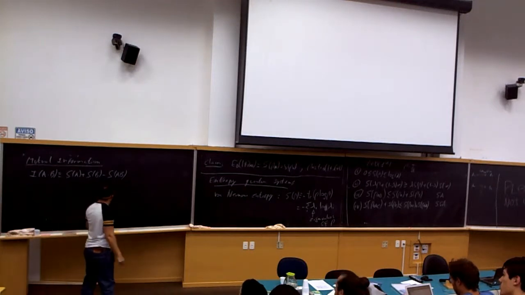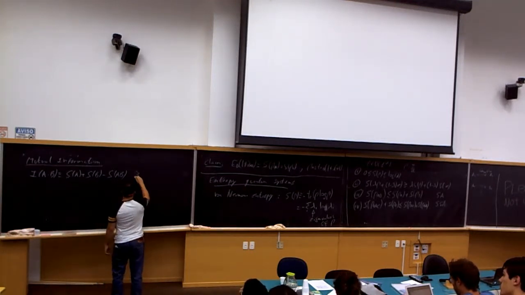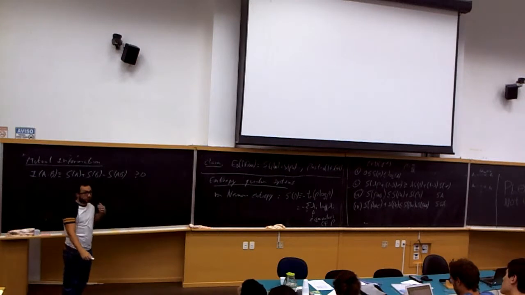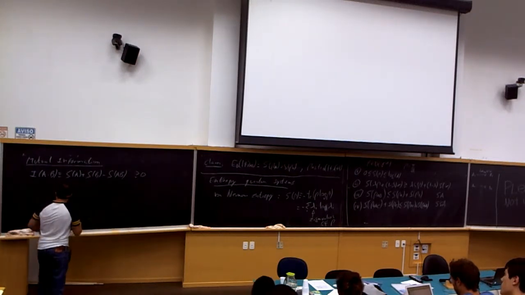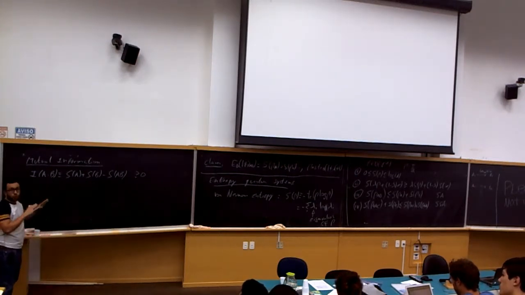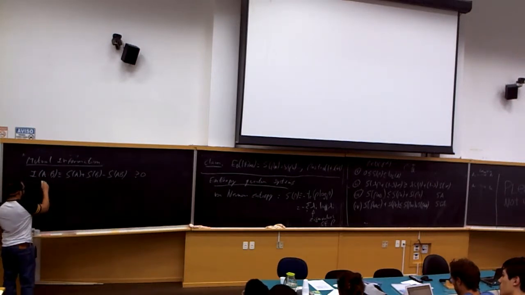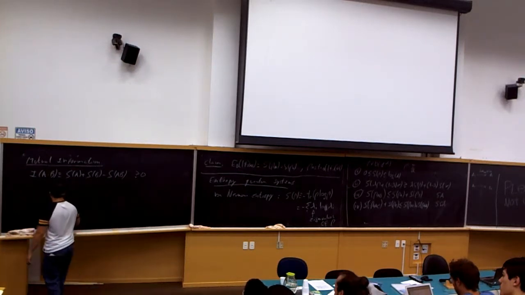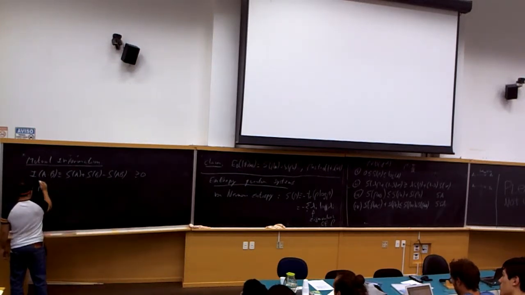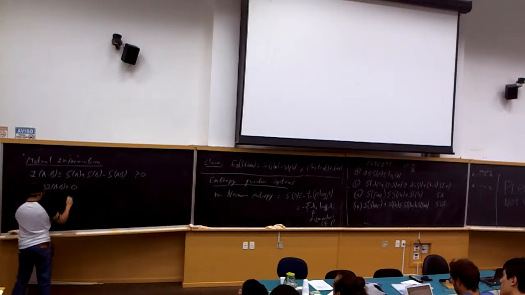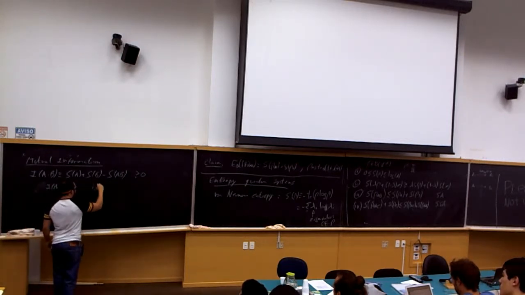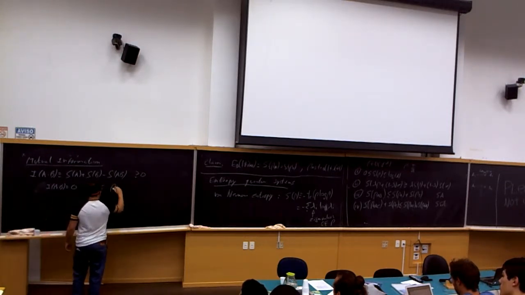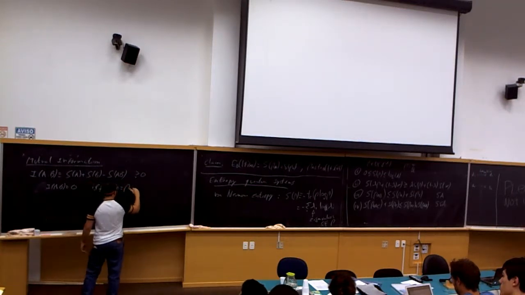We know it's always bigger than or equal to 0. This is a measure of total correlations between A and B, quantum and classical. For example, it equals 0 if and only if rho AB is a product, so there are no correlations at all.